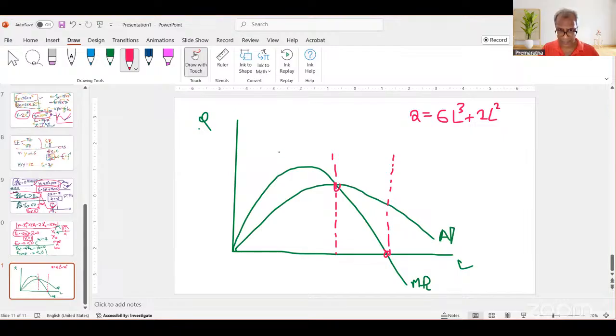What we discussed were these 3 stages: stage 1, stage 2, and stage 3. That's the last point we discussed.